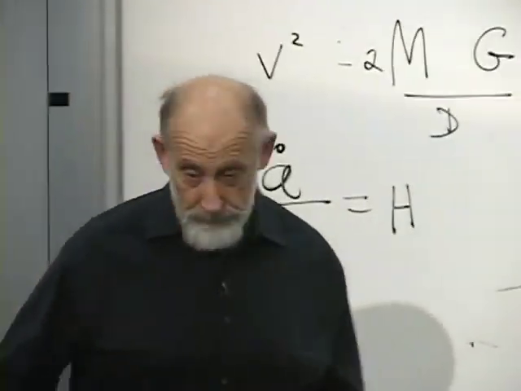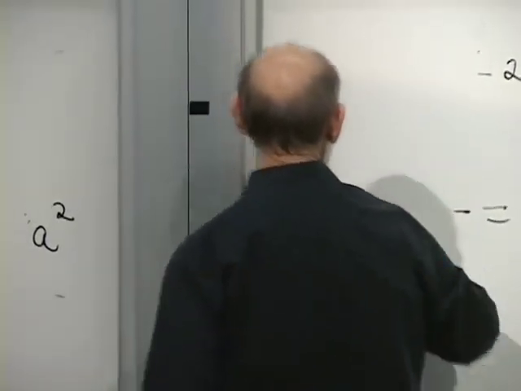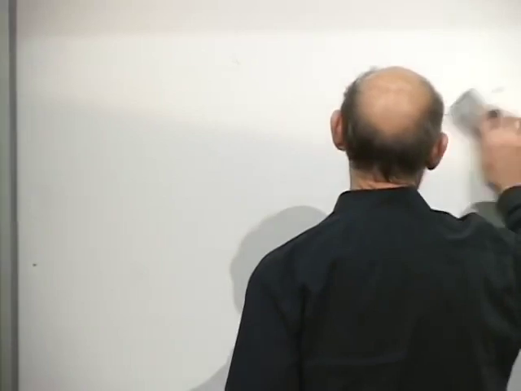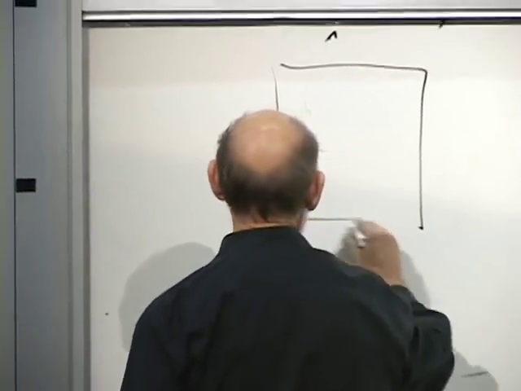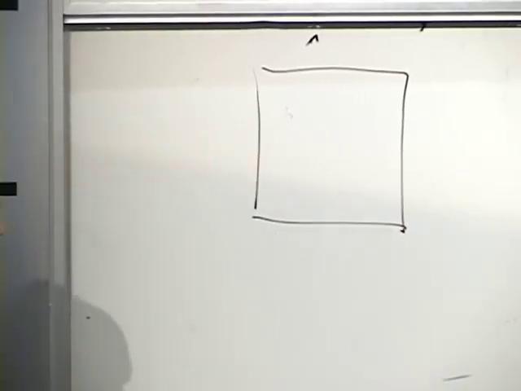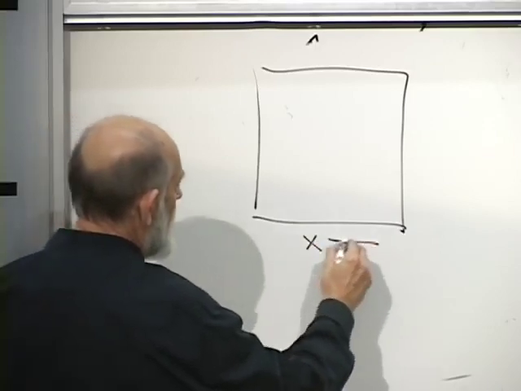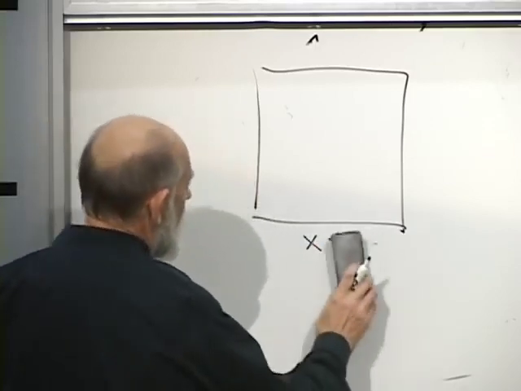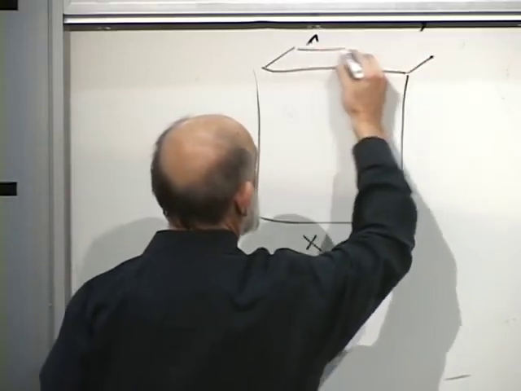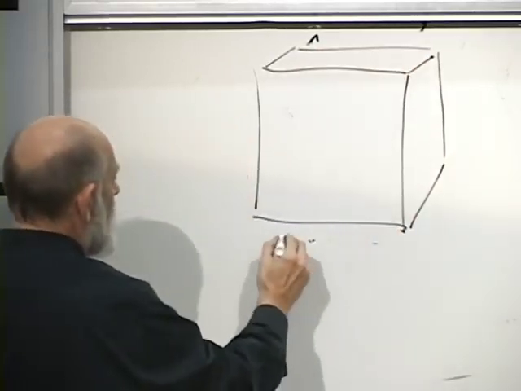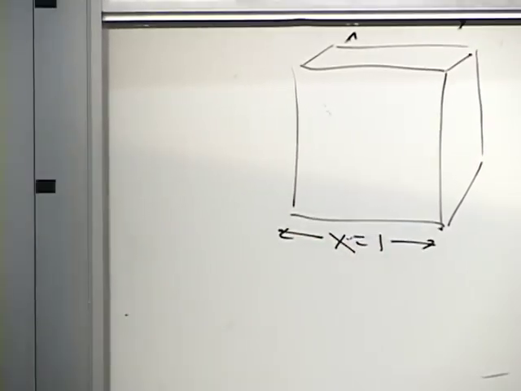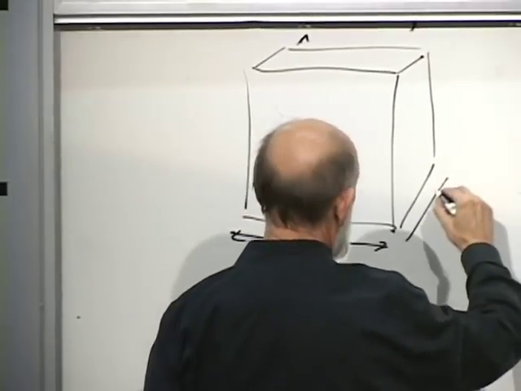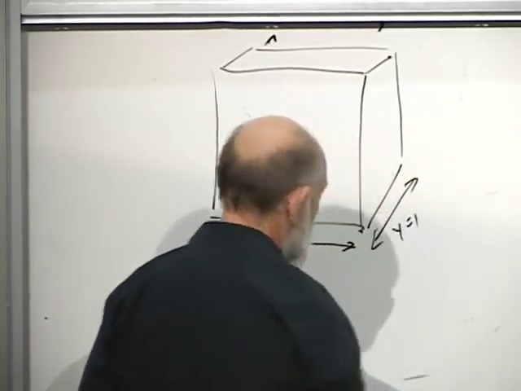What do we know about rho? Well, let's take a cubic cell of space, and now let's let it be 1 unit of coordinate on a side. A cube of space, a unit cube, where x is equal to 1, y is equal to 1, and z is equal to 1.